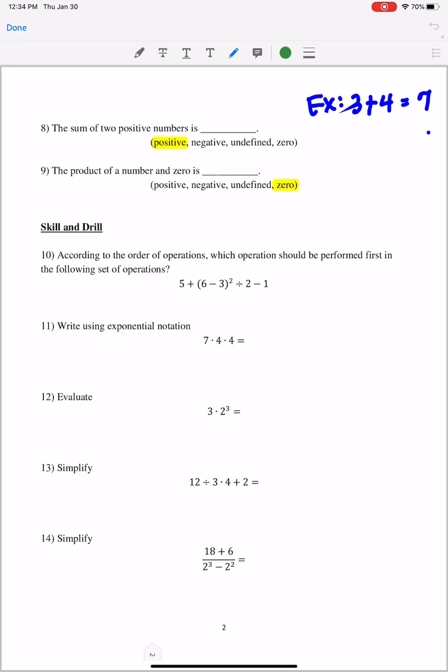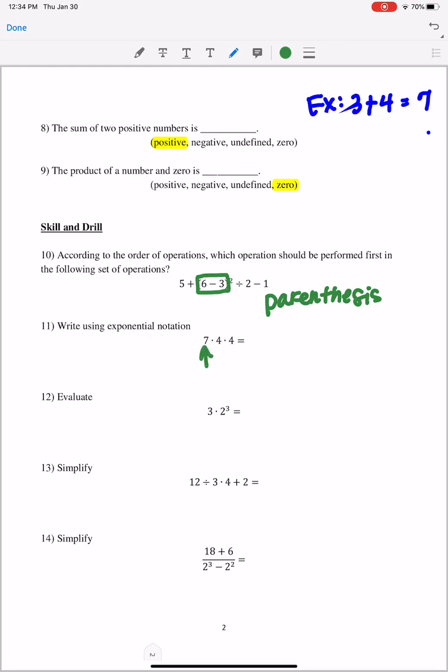So let's get into our skill and drill. It says, according to the order of operations, which operation should be performed first in the following set of operations? We are going to start right here with parentheses. While using exponential notation, I've got two different bases.